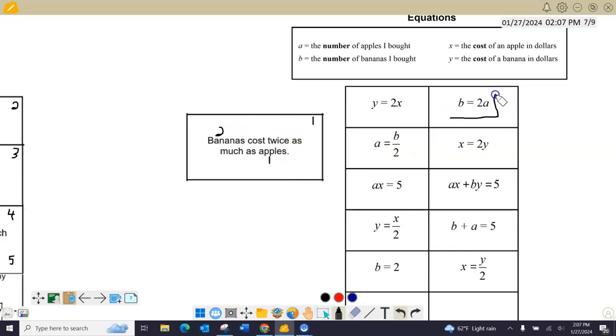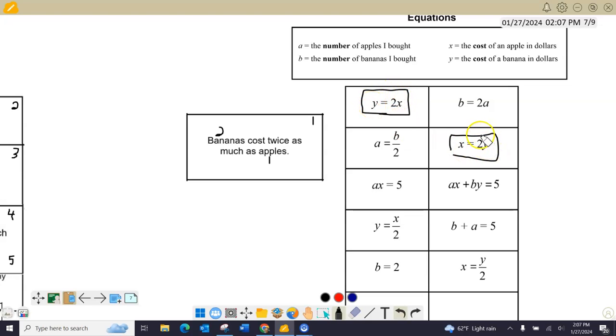So is it this one? Nope, sorry. It's not that one because this is A and B, the number of apples. It's got to be an x and a y. These two are kind of like the opposites here. This one says 2 times the cost of apples, double the cost of apples, equals the cost of bananas.